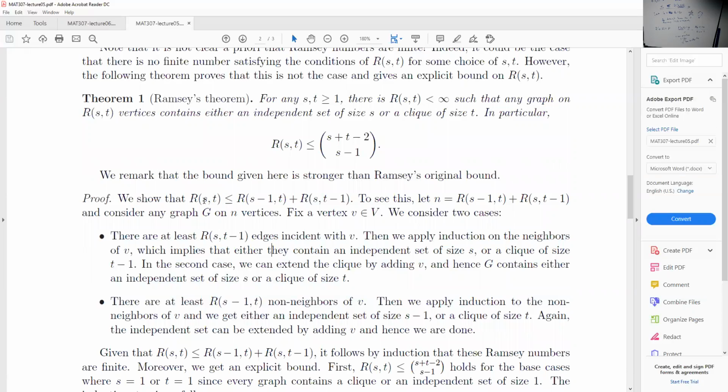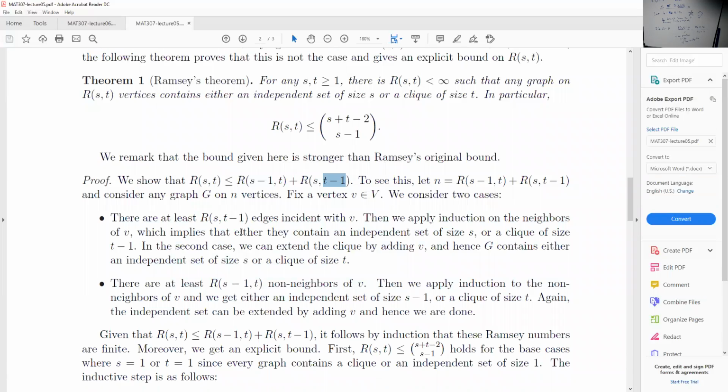The idea here is that the next Ramsey number, R(S,T), is dependent on the one that comes before it in the S direction and the one that comes before it in the T direction. Essentially we're talking about how many independent sets and how many cliques could have existed in those two, and this is how we could form it.